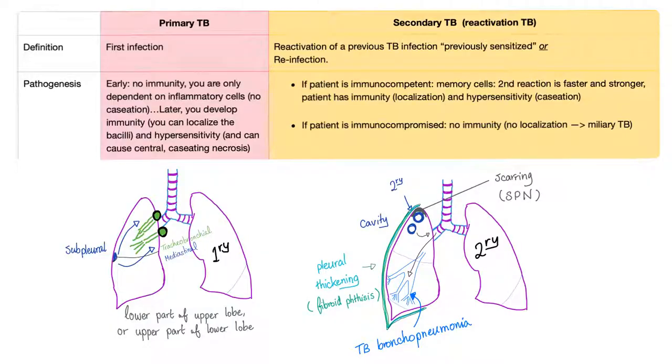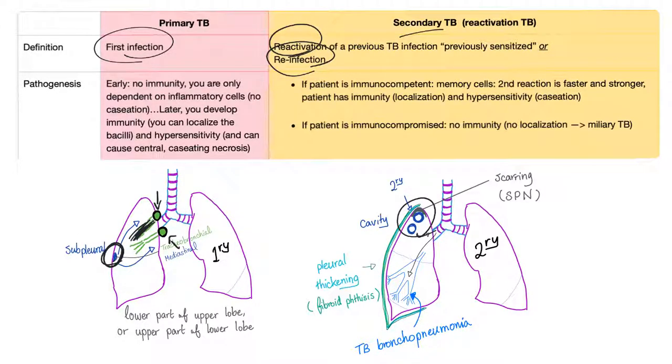Horrible stuff. Primary TB is the first infection. It has the Ghon complex, a subpleural tuberculosis, TB lymphangitis, and TB lymphadenitis of the lymph nodes. Secondary TB happens later due to reactivation or reinfection, and it's upper lobe and usually cavitary. And you will have lots of caseating granuloma.